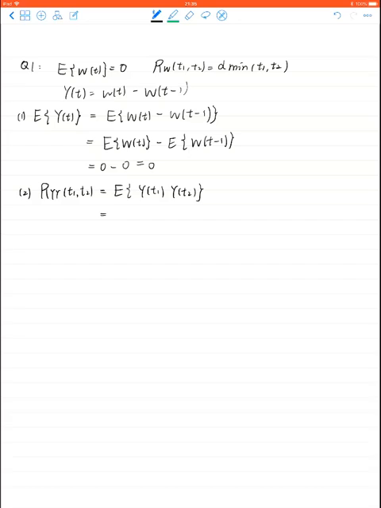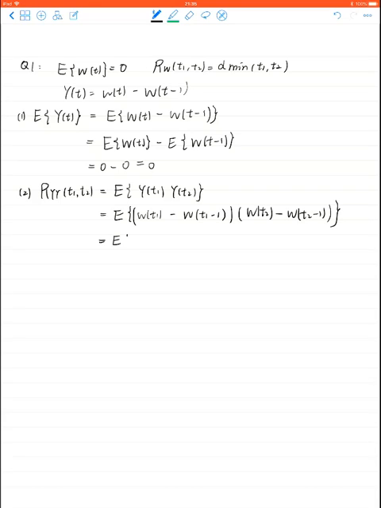When we expand this formula, that should be the expected value of (Wt1 minus Wt1 minus 1) times (Wt2 minus Wt2 minus 1).